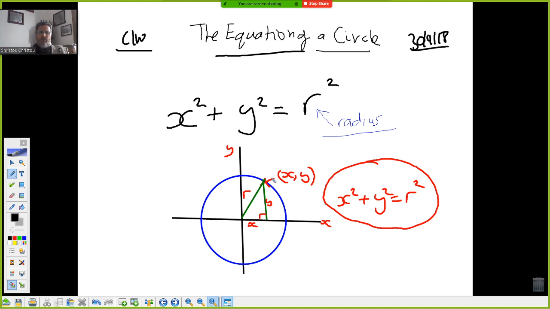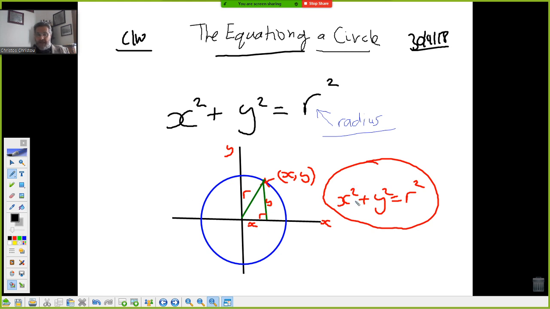And if this coordinate is called xy, because all coordinates have got an x and a y, then it's like going x along, however big that is, and y units up to reach that point, xy. If you've got an along and an up, you can work out the radius using Pythagoras. And here it is, a right angled triangle.